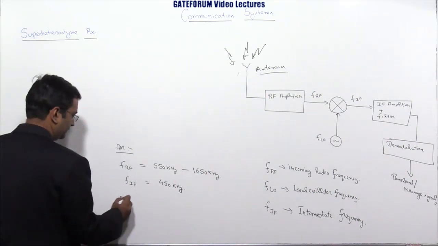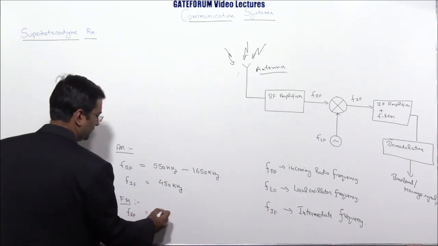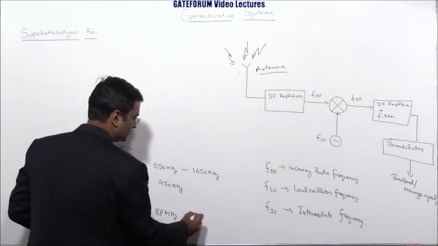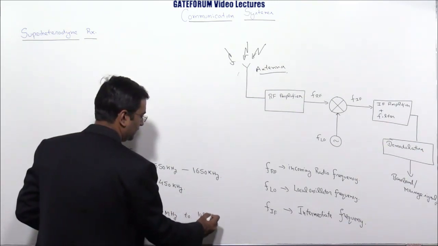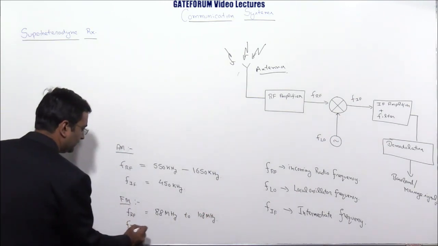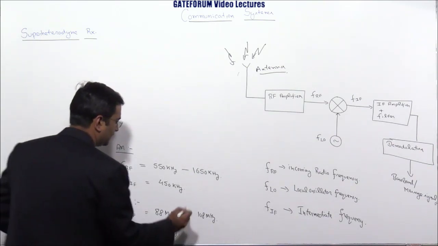For FM, many of us know the FRF range is 88 megahertz to 108 megahertz, and FIF in this case is 10.7 megahertz.